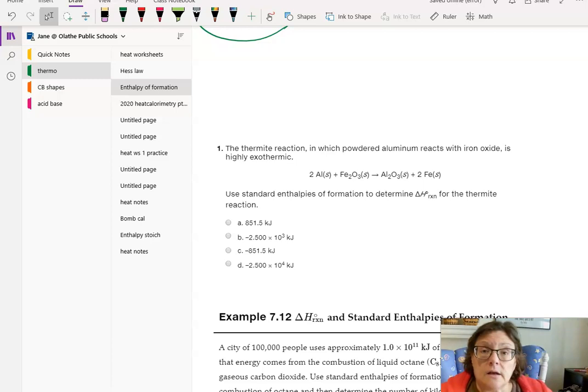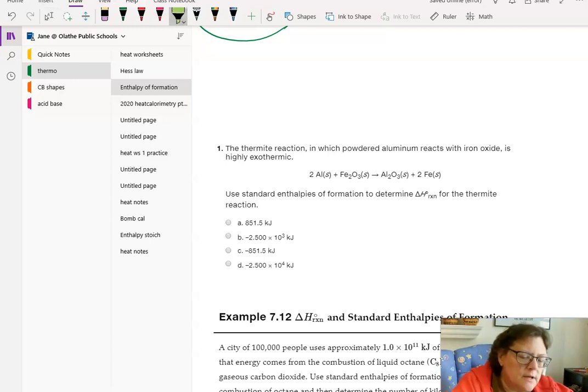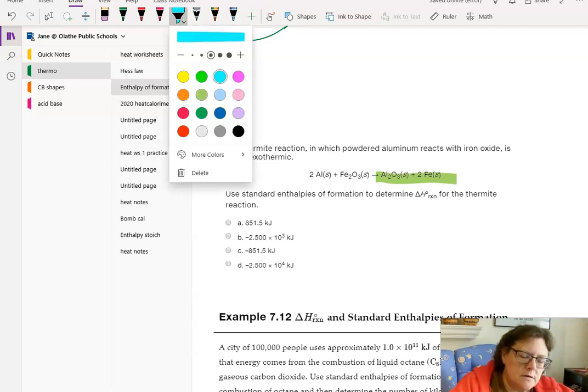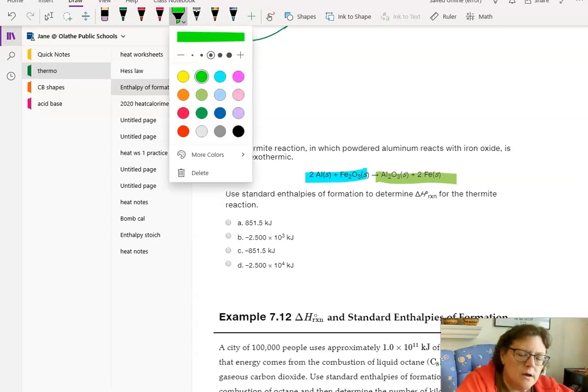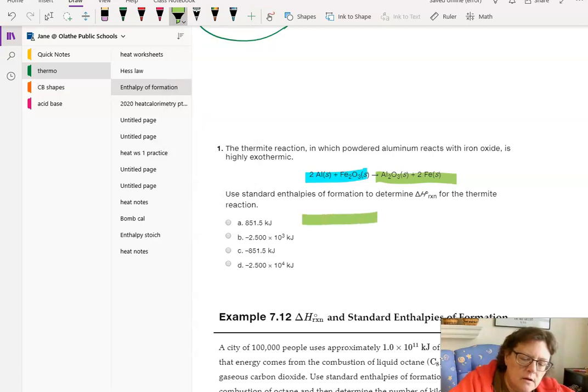Okay, so again, same story. Products minus reactants. We're going to take the products minus the reactants. Our products are going to be the sum of aluminum oxide, and I just looked it up.